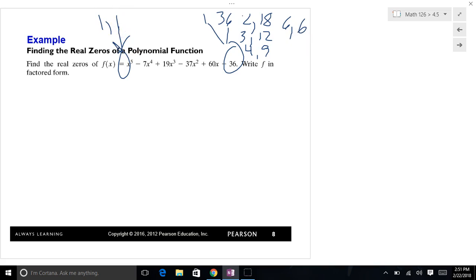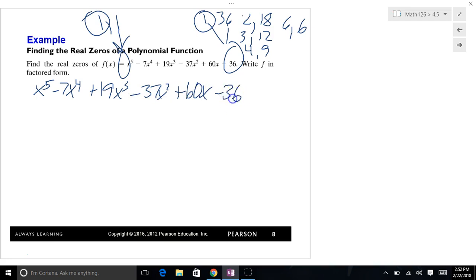Now we're working this thing, so let's try positive 1 over positive 1. Then we'll try negative 1 over negative 1 after that. So let's try 1. If 1 works, here's our x to the 5th minus 7x to the 4th plus 19x to the 3rd minus 37x squared plus 60x minus 36.